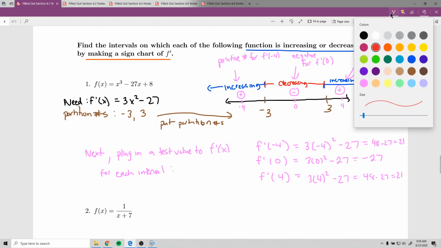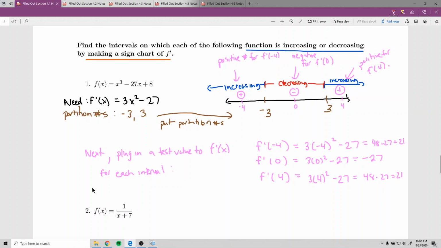All right, now the one thing to remember here is that for the intervals, we don't use the endpoints. So when we answer this, because that's really what we want, where it's increasing and decreasing, the decreasing interval is from -3 to 3 with parentheses, and it's increasing from -infinity to -3.